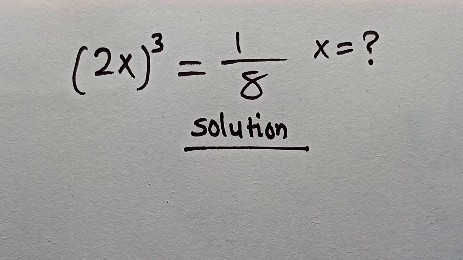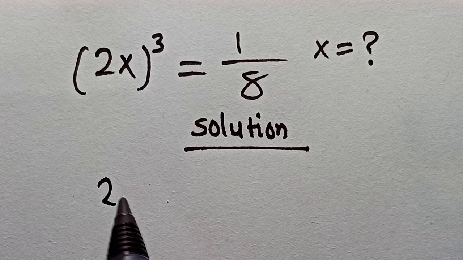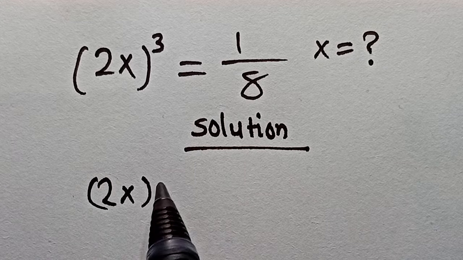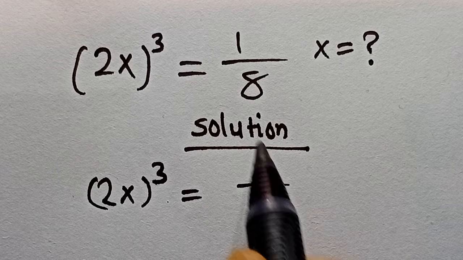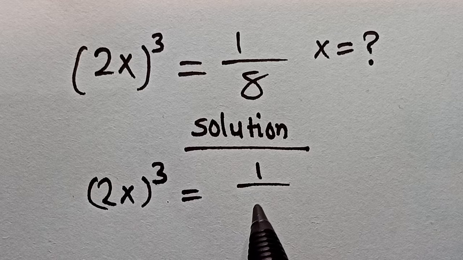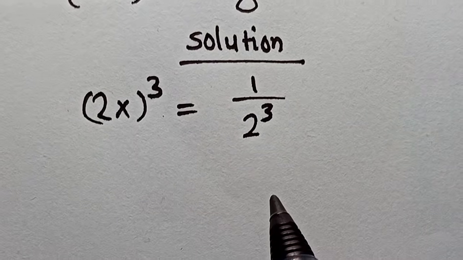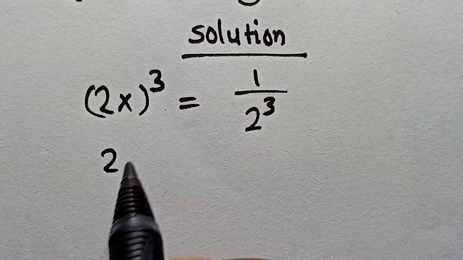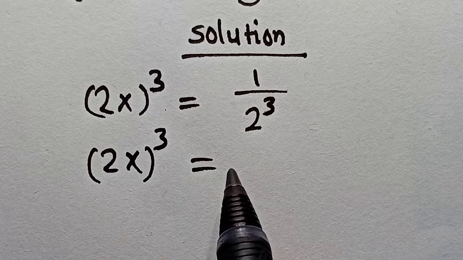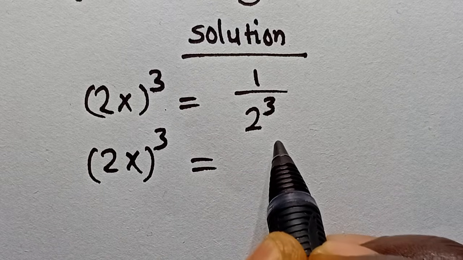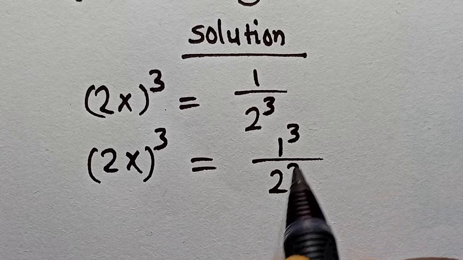So from here, we have this: (2x)^3 = 1/8, which can be simplified as 1/2^3. So from here we have (2x)^3 equals 1^3 over 2^3.